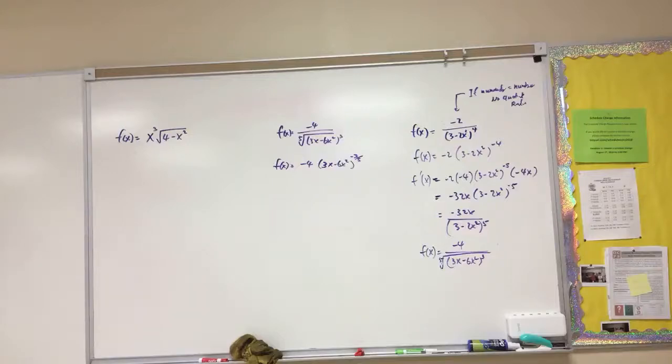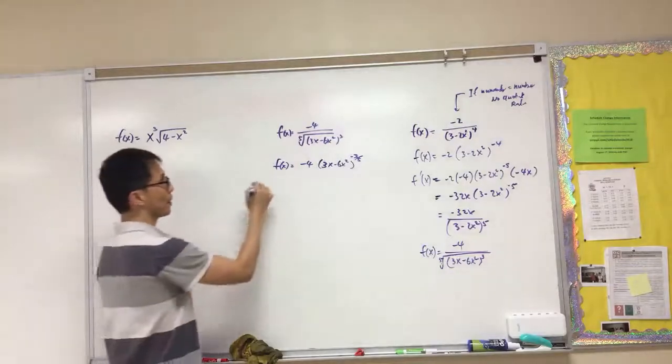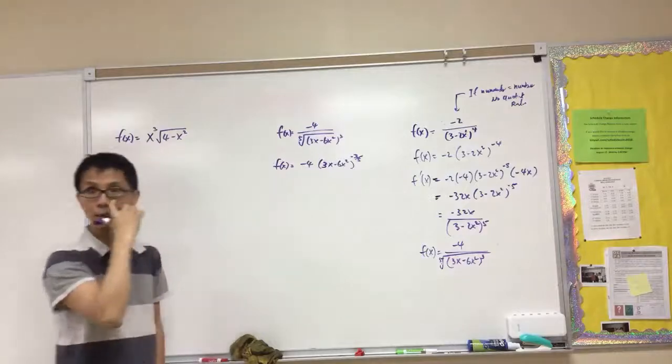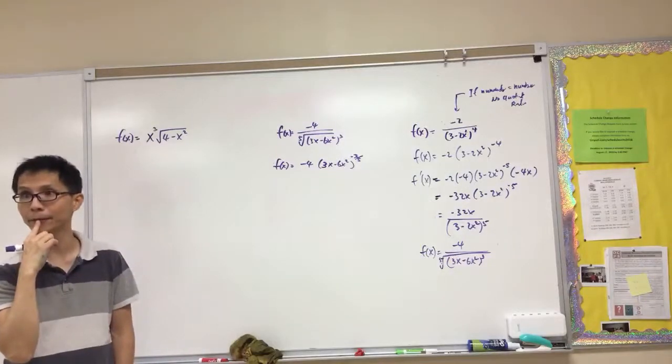Okay, so now we're going to take a derivative of that part. I'll rewrite it in the numerator first, because only the numerator can use the power rule, not a denominator. Now let's take a derivative of this.